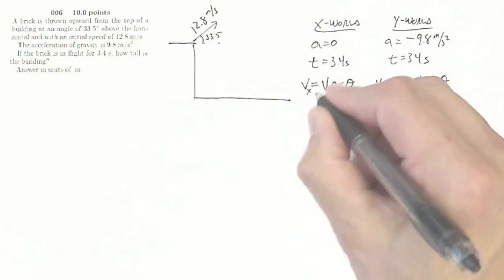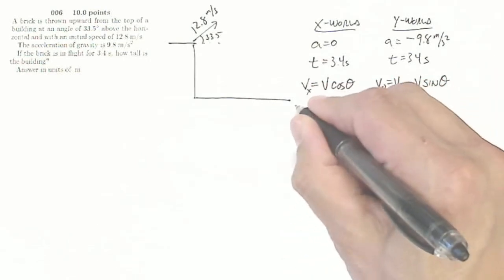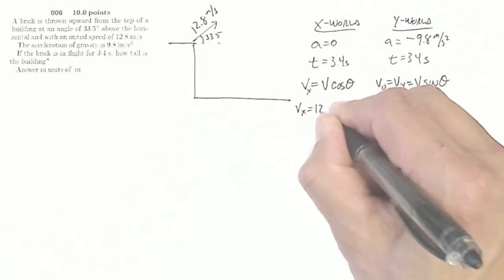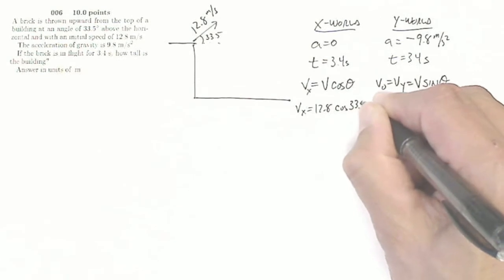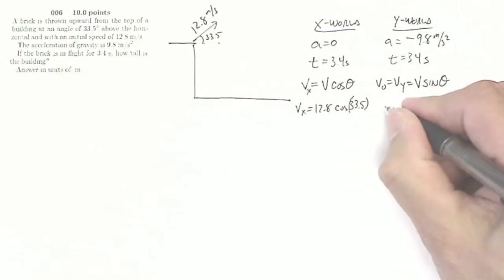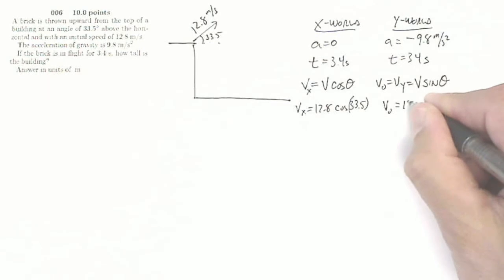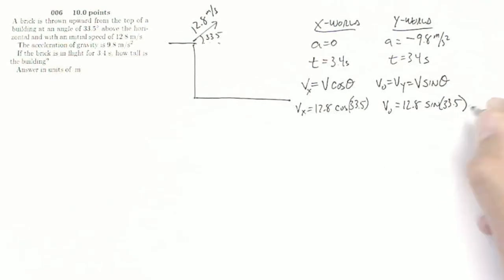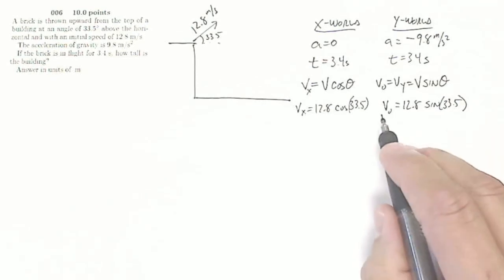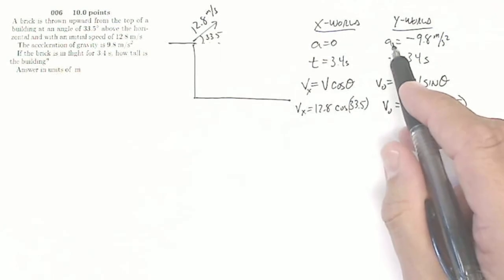So now I've got my X world velocity is going to be 12.8 cosine 33.5. And in the Y world, my initial velocity is going to be 12.8 times the sine of 33.5. So now I've got an initial velocity, a time, and an acceleration.